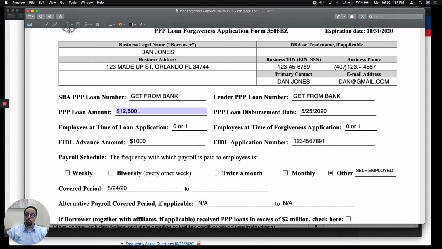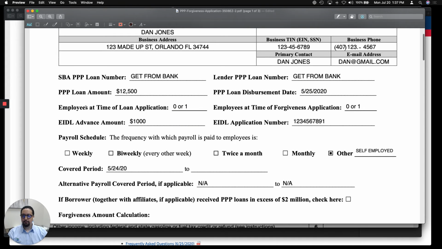So a lot of people got more than they should have. So in this line, you're going to put the amount you actually got from the bank into your bank account. Here you're going to put the date that you got the funds in your bank. In our case study, it was May 25th.